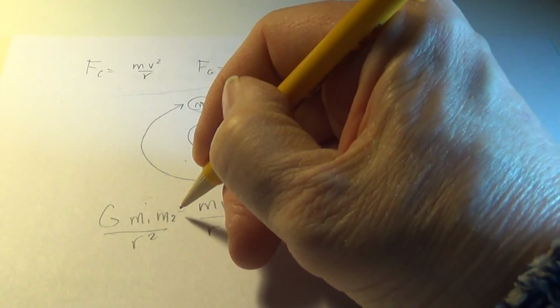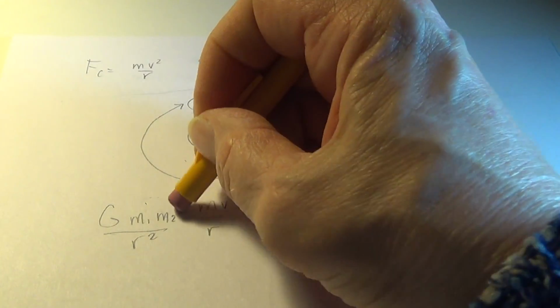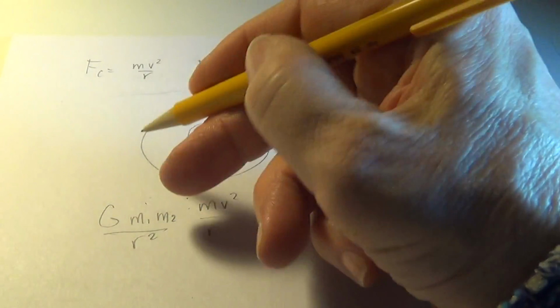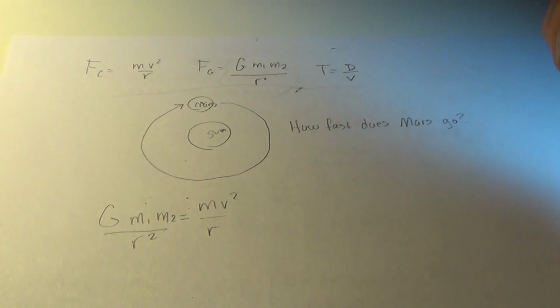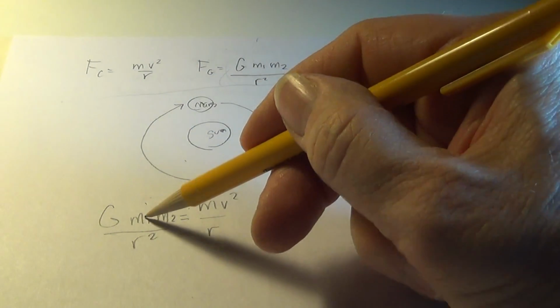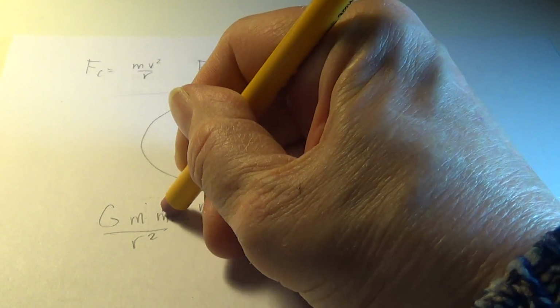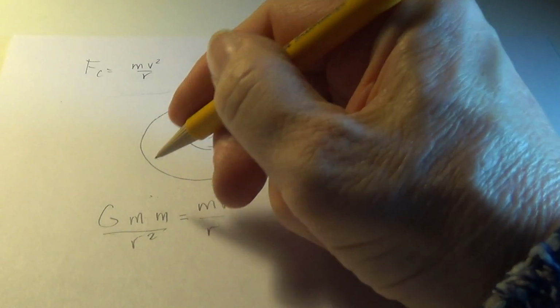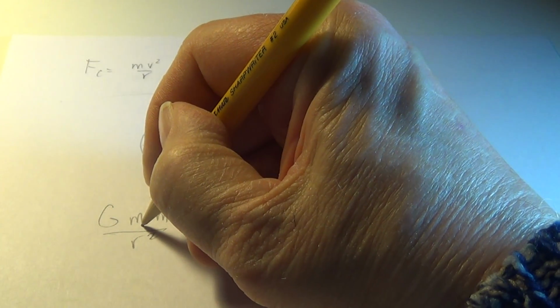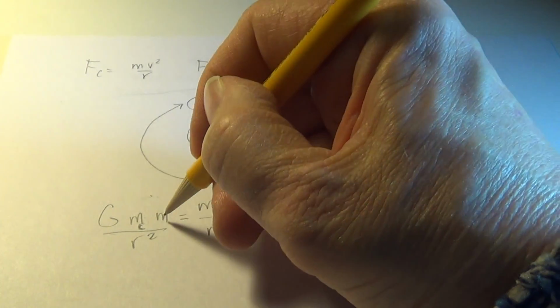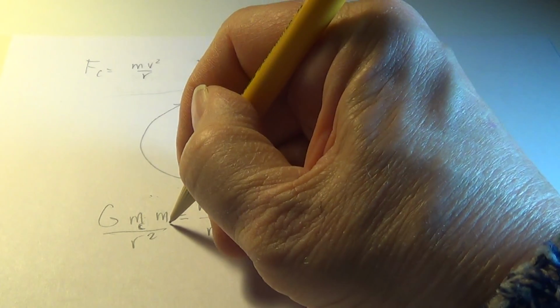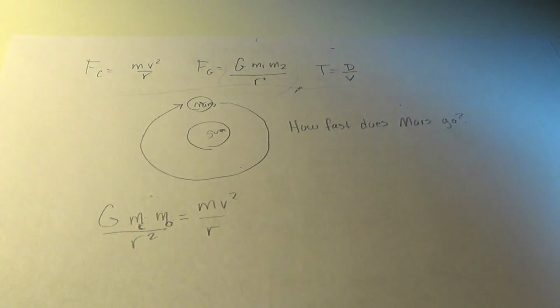There are 2 masses. One's in the center, so I'll say C for the one in the center, and the one that is orbiting around, I'll say O.